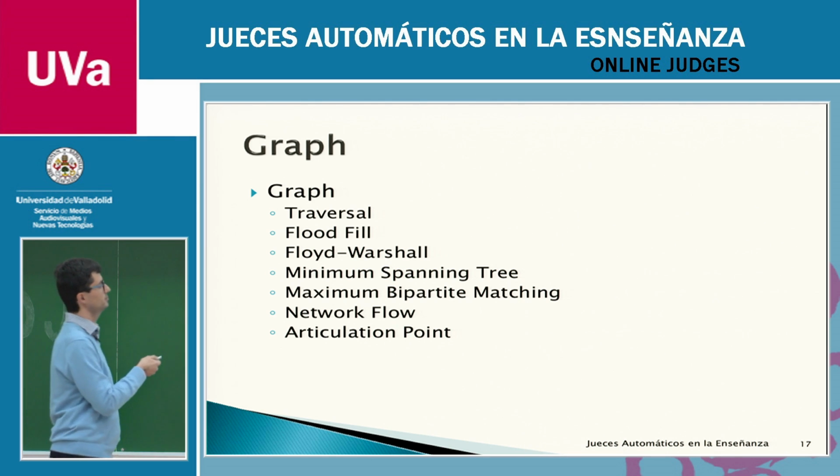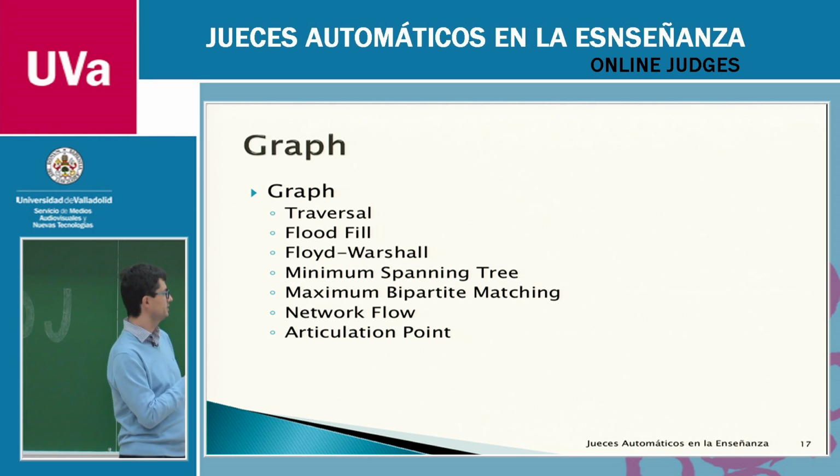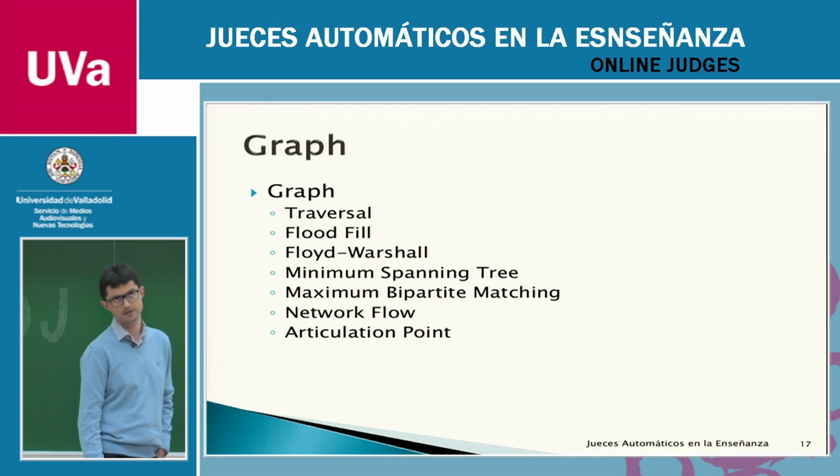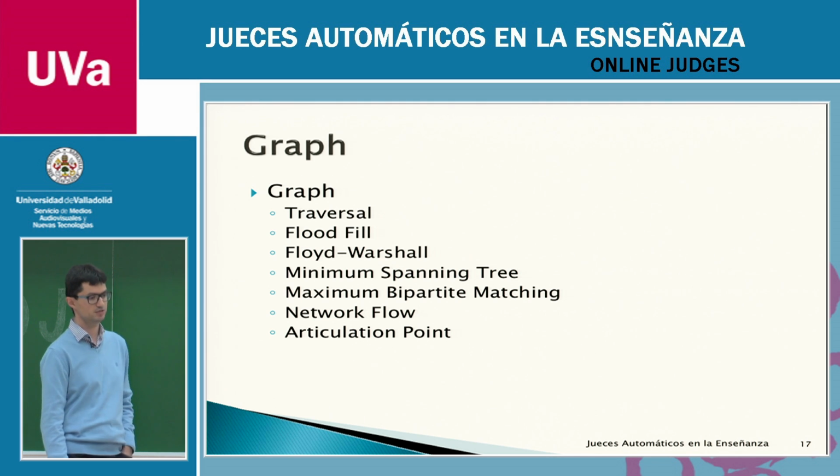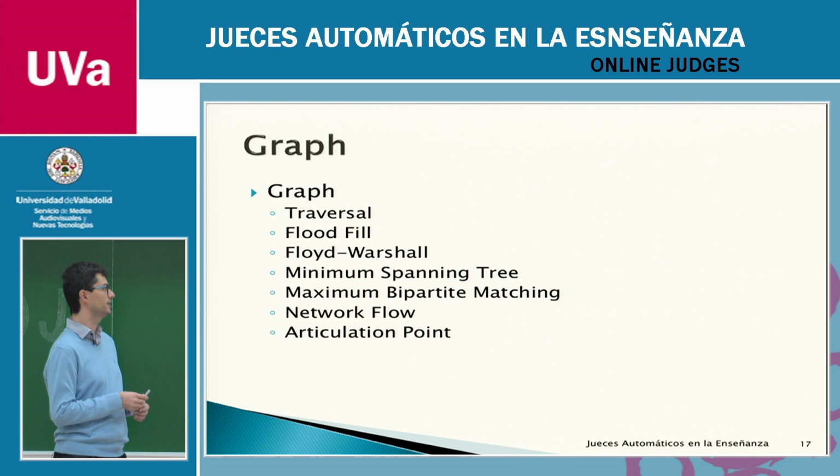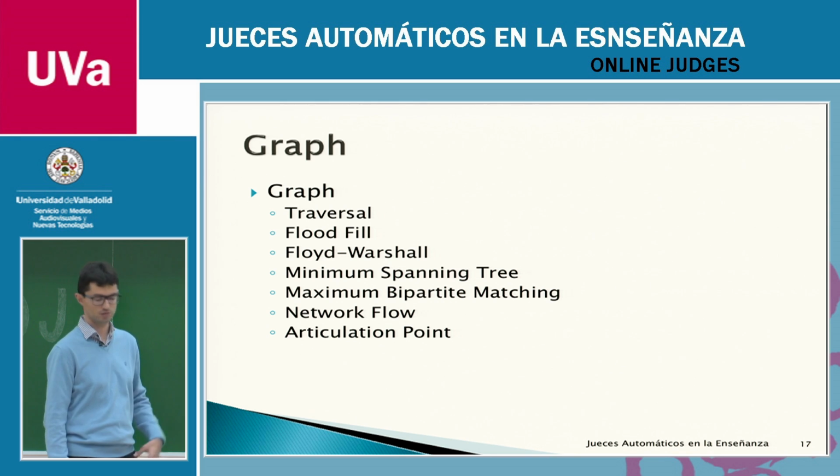Another classical problem is the maximum bipartite matching. This is, for instance, the classical marriage problem, or the medical students who have to apply for jobs at hospitals. This is the easiest way to calculate the optimal solution. And well, other things like network flow or finding articulation points in a graph.